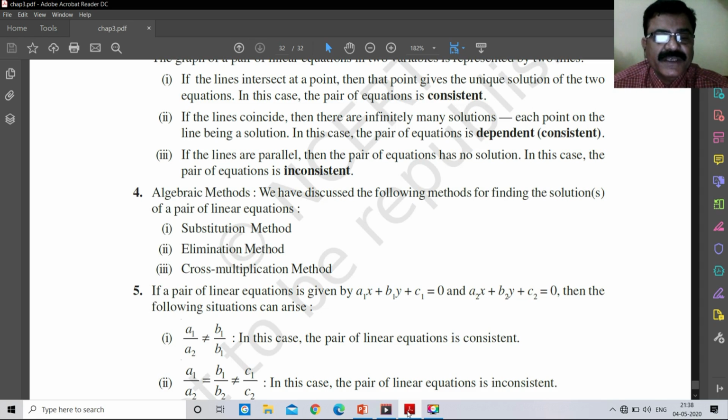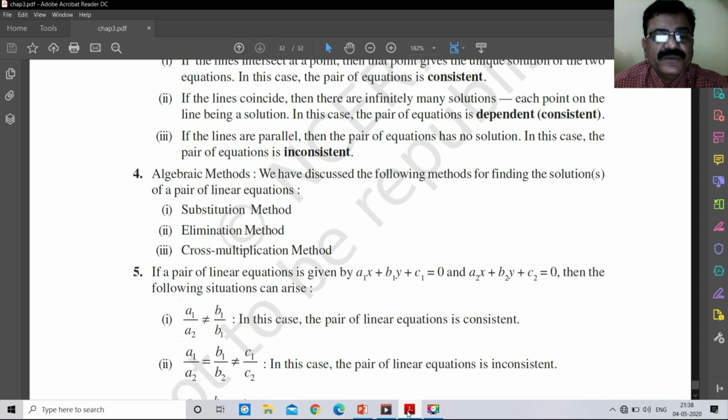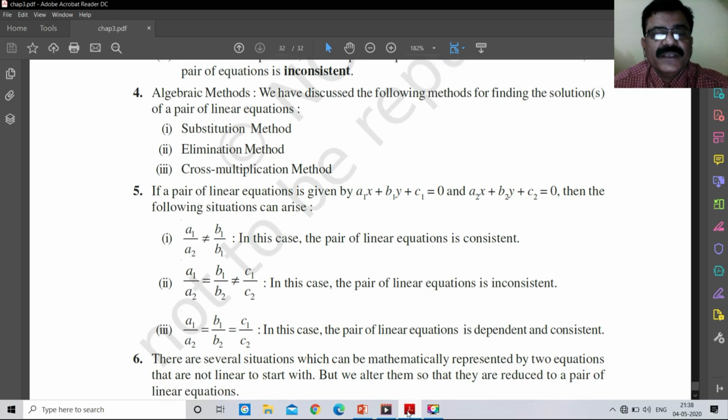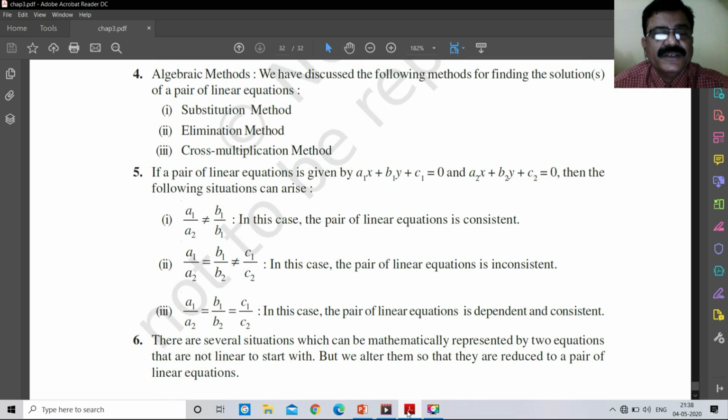Second is a1 by a2 is equal to b1 by b2 not equal to c1 by c2. In this case, the pair of linear equations is inconsistent. Third one is a1 by a2 is equal to b1 by b2 is equal to c1 by c2. In this case, the pair of linear equations is dependent and consistent. So these are very important cases.